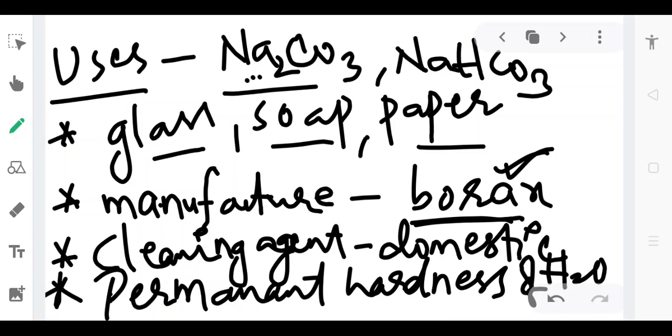So these are the uses: glass industry, soap industry, paper industry. Washing soda is used to manufacture sodium compounds like borax, for cleansing in domestic cases, and to remove the permanent hardness of water.